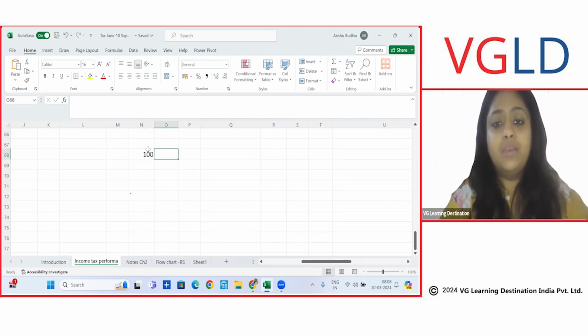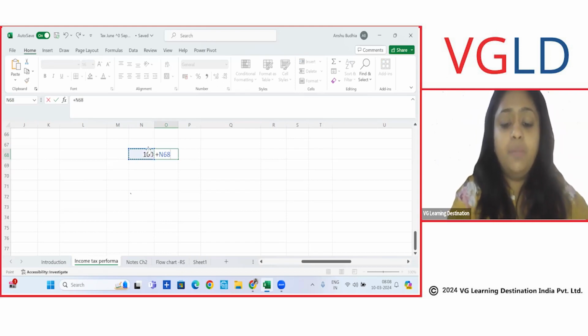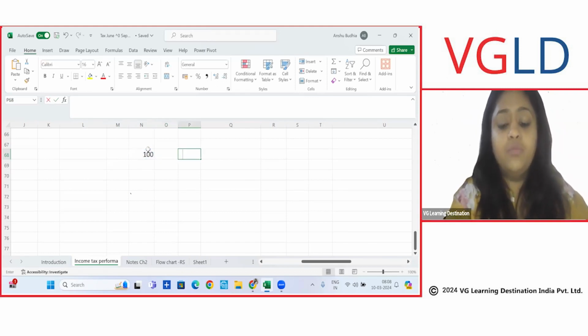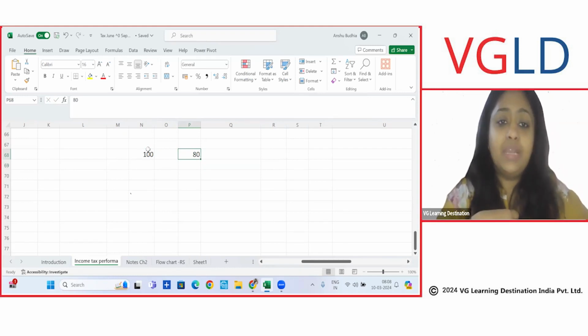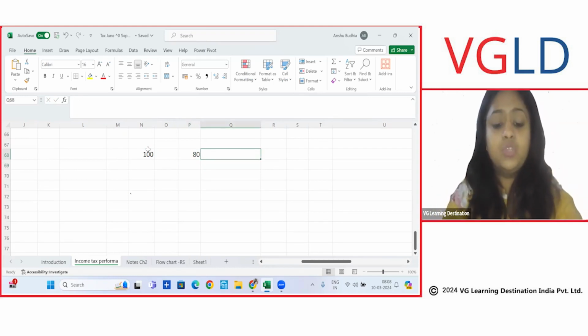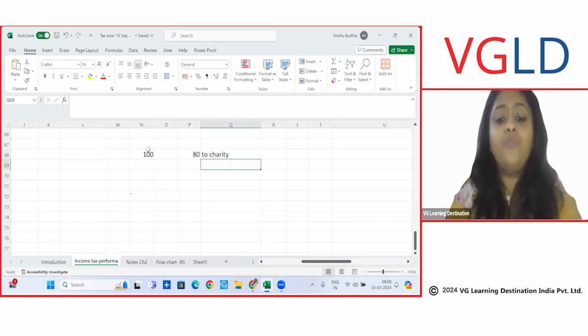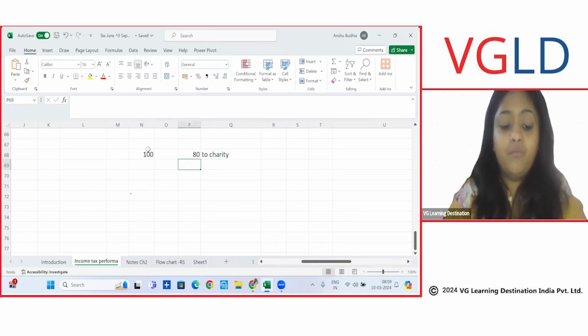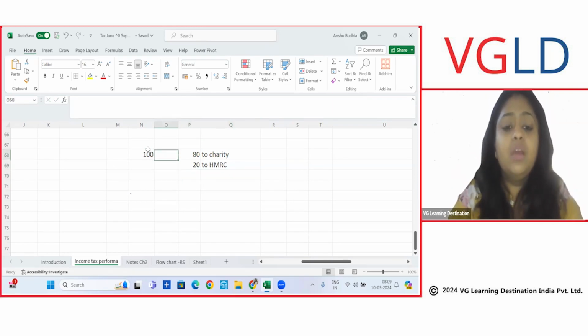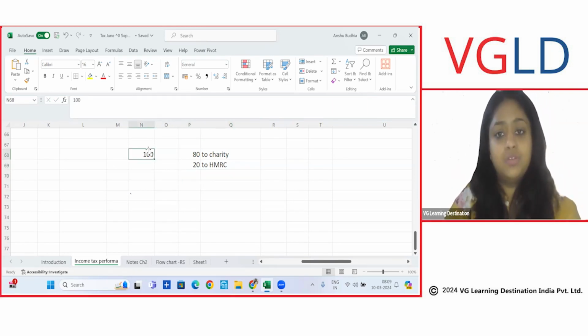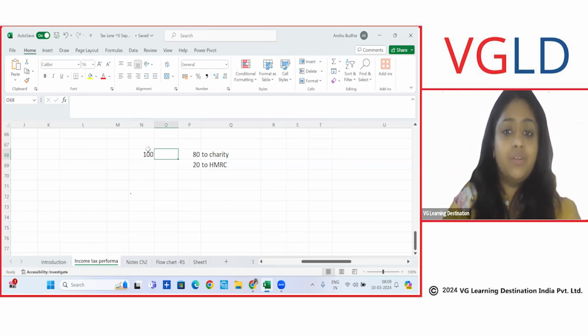I will get a 20% benefit and I will pay only 80% of it, which is 80. So at the time of payment, I am making a payment of 80 to the charity. But we are going to be making 20 to HMRC. I repeat, totally 100 will go from your pocket. But how this 100 is divided is, out of this 100, 80 will go to charity directly.